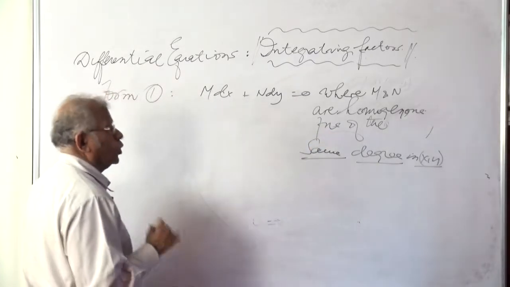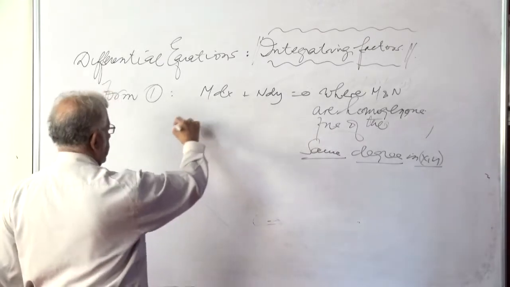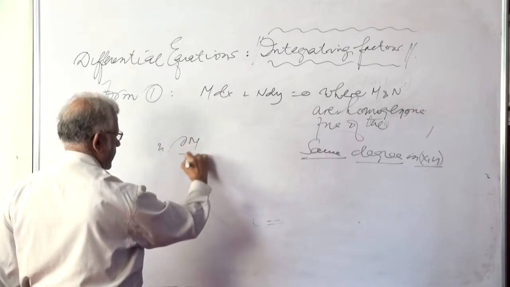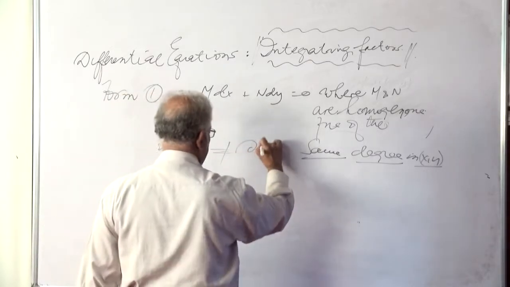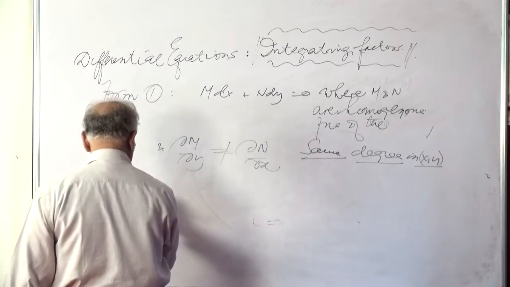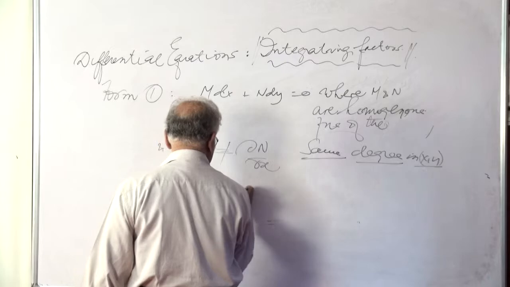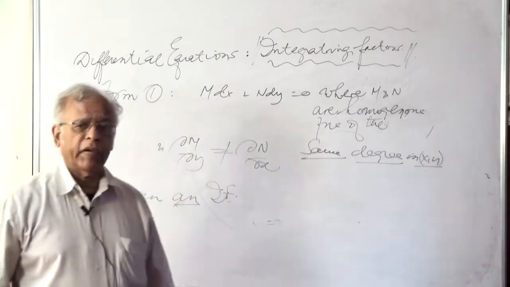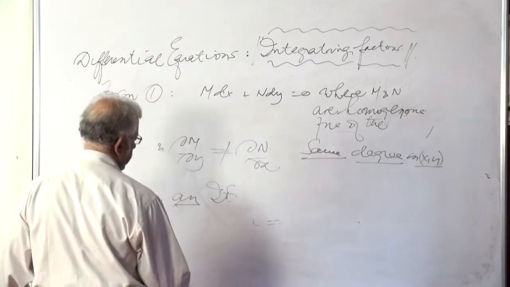If that is so for a particular combination of M and N, and we find that del M del y is not equal to del N del x, then an IF, not the IF, because integrating factors can be many for the same equation, it's not unique.